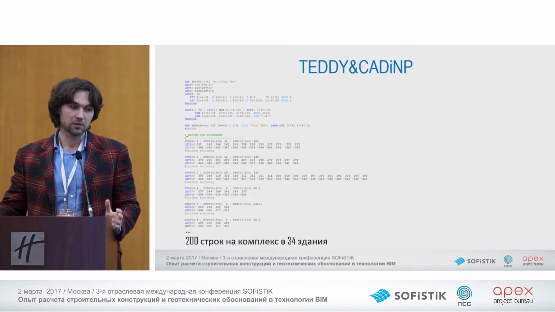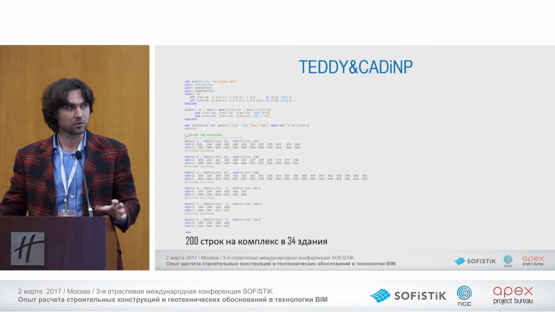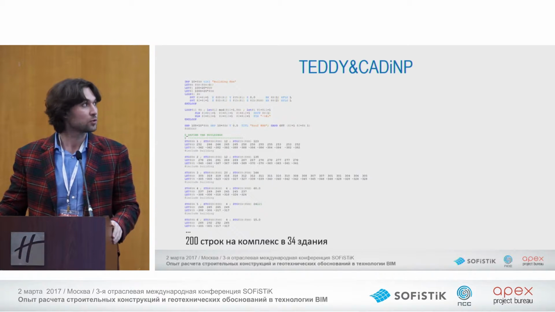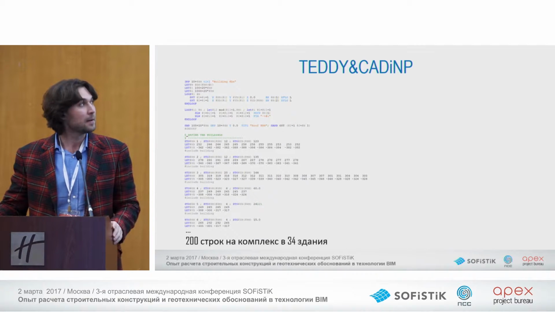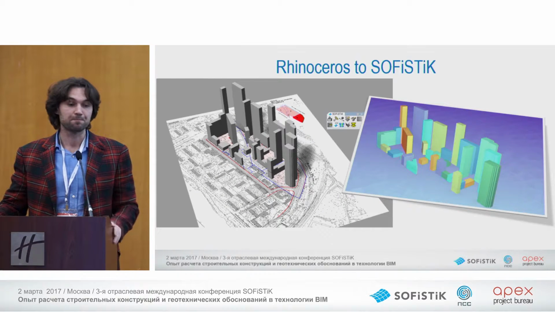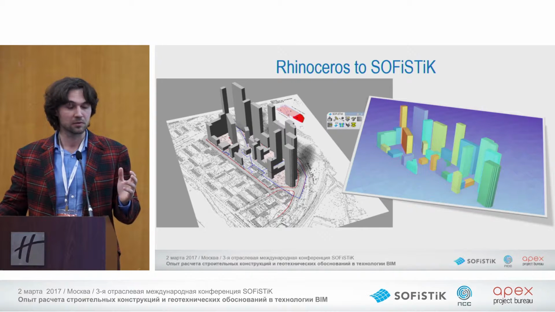here is an example of TEDdy, CAD-in. 200 lines completely describing a large building. That's not much. Going on, a very useful tool is the tool that was added to Rhino.